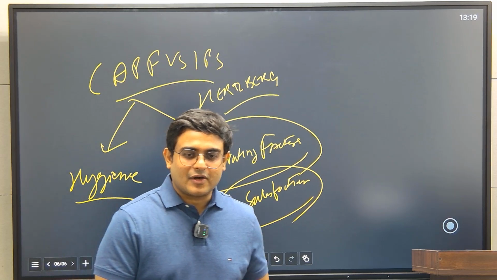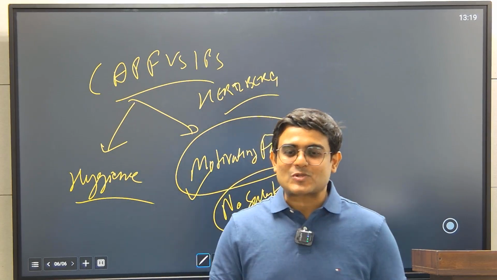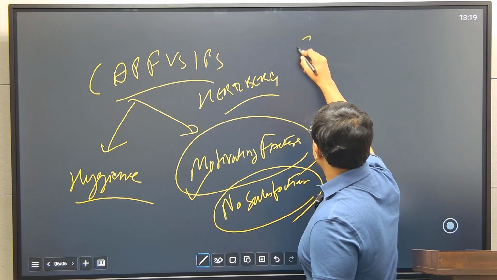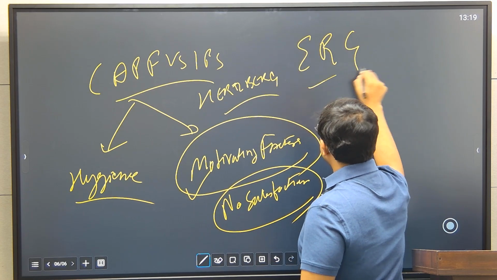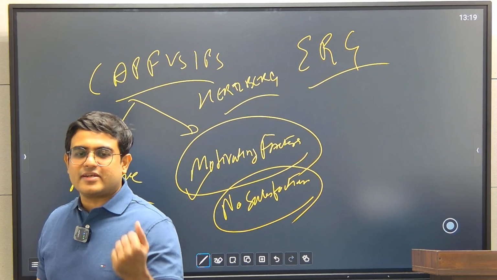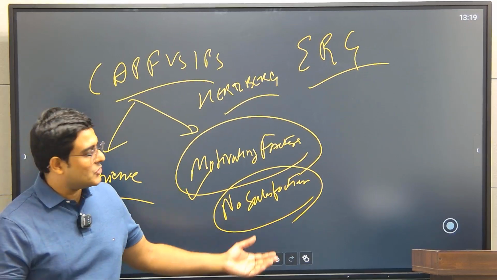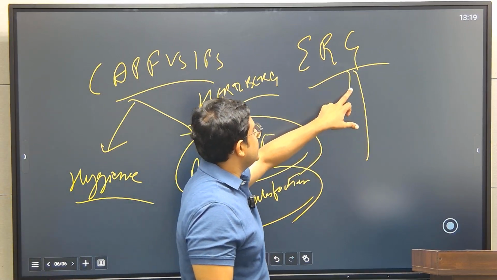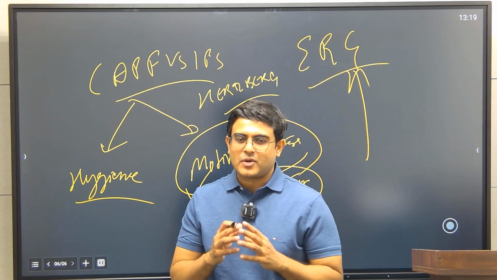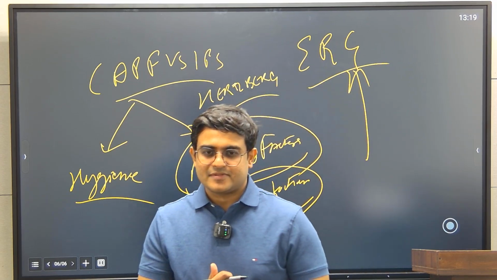Now you can also relate with Clayton Alderfer's ERG theory, which the UPSC asked in recent times: existence, relatedness and growth theory. Here also you can relate this non-appointment of CAPF with growth, hampering growth and affecting motivation.